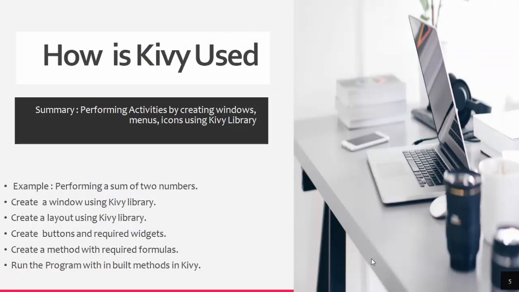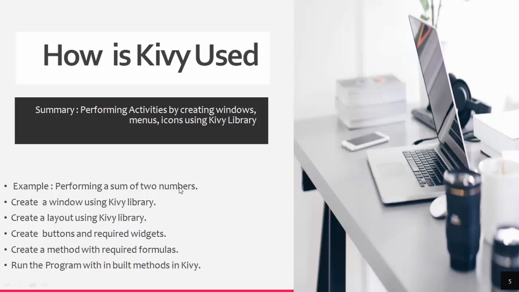How is Kivy used? As we know, we are going to perform activities by creating windows, menus, and icons using the Kivy library. Let's now see how we are going to implement this. I have taken an example of performing a sum of two numbers.